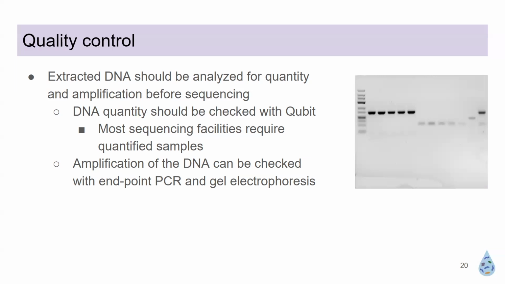And I tell that to my students that come in. There's not going to be one magic kit that will solve all your problems, and that's why I never defer to a sequencing facility to do the extractions for me. I'd rather optimize myself. So there are a range of methods that you can use.